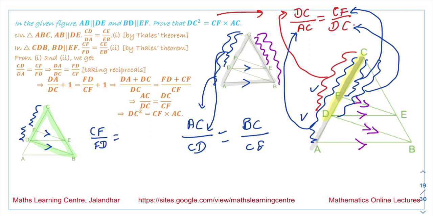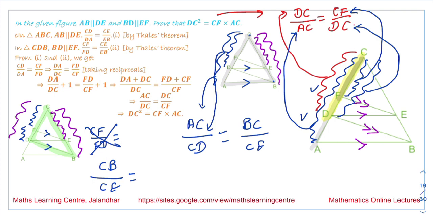But the result we want, we are not writing it in this form, we are writing it as CB over CE, that will be equal to CB over this smaller part CE, that will be equal to this CD over the smaller part CF.